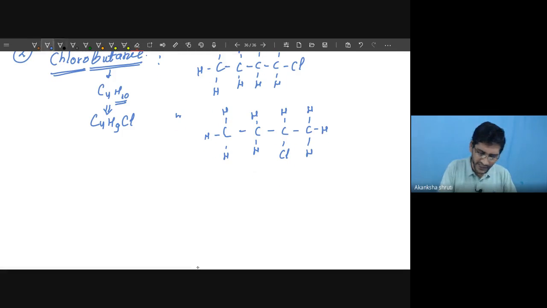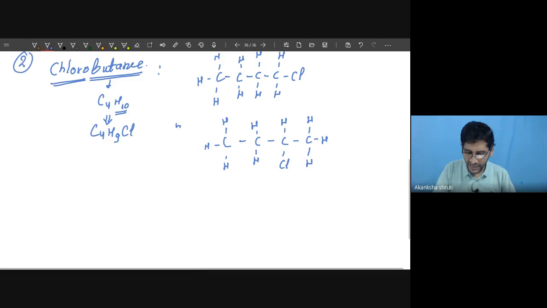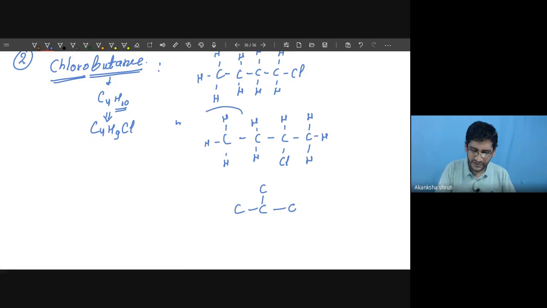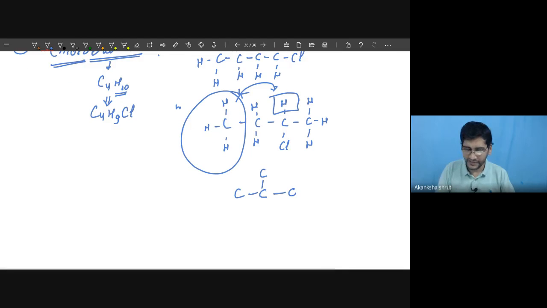But some of you may think, rather than a straight carbon chain, one may draw a 3 carbon chain like this and the 4th carbon here. Splitting from here and interchanging with this hydrogen, you will get a new structure, which will be the other isomer. So fill it. You can put the chlorine at any of the carbons.